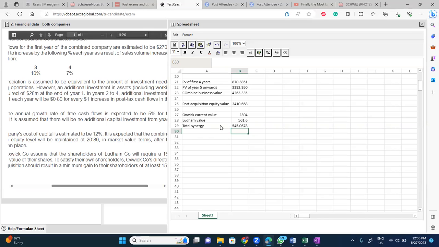So Ludum company requires at least 15%, so premium paid to Ludum. They want 15%. So all the remaining benefits will be attributable to Oxwick.